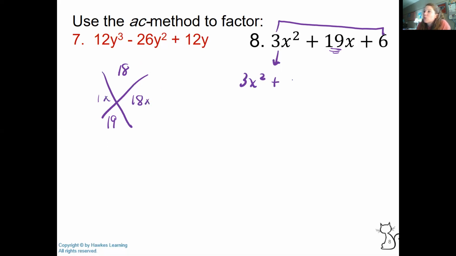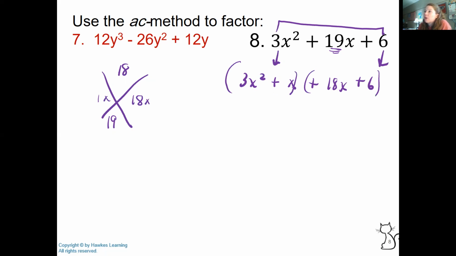I'm going to divide this into 1x plus 18x. And then you always bring down your last term, okay? So you bring down your first term and your last term, and the second term becomes these two, 1x plus 18x is 19x. So now we're going to group.